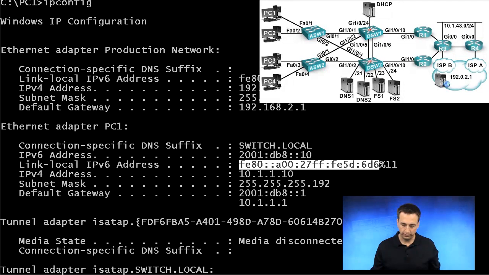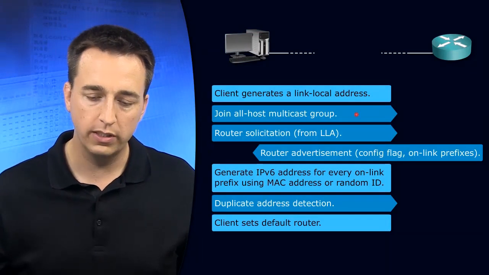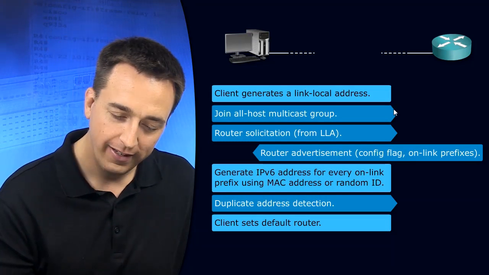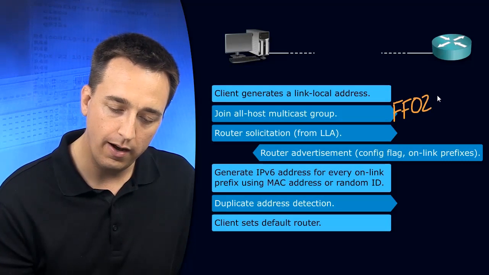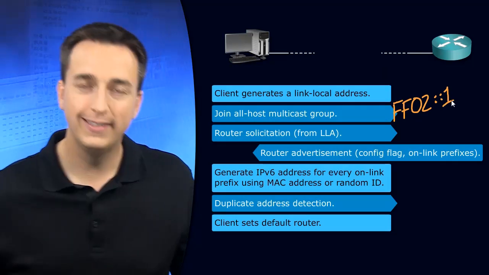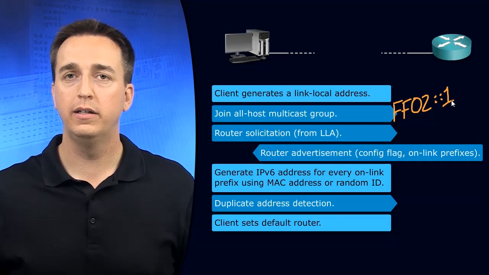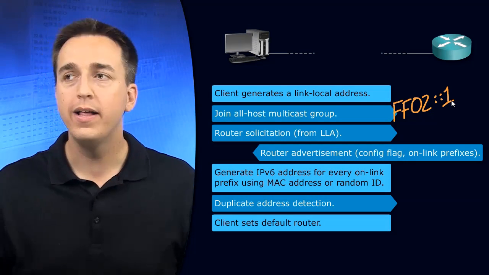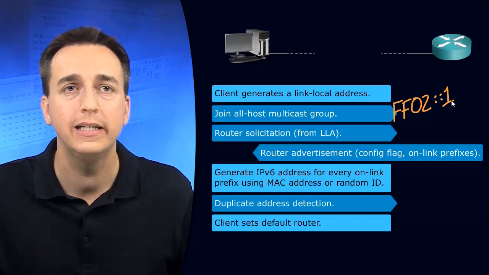After that, the device also joins the all hosts multicast group. Now, what is the all hosts multicast group? Well, you must always remember that with IPv6, broadcasting doesn't exist. So if you want to communicate to everybody, you need an address to send that message to, that everybody's listening to.